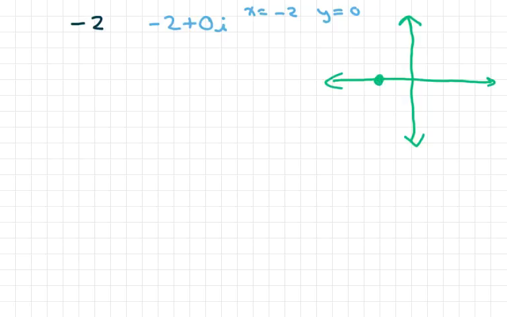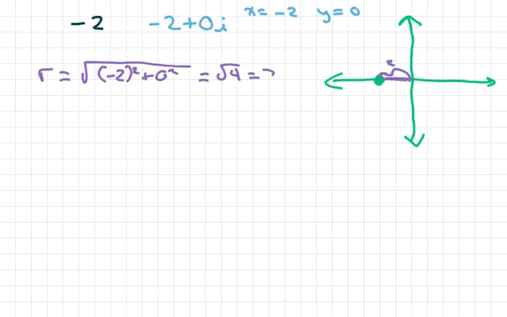So there it is. And you can already tell right away what the radius is. The radius is going to be 2 here. Okay, but let's go ahead and do it. r equals the square root of negative 2 squared plus 0 squared. So this is going to be square root of 4, which equals 2. We already knew that. We can see the radius right there.